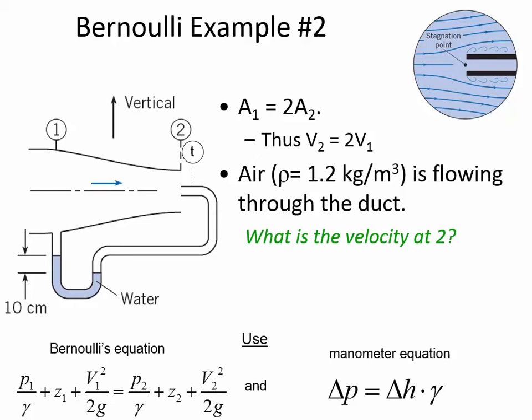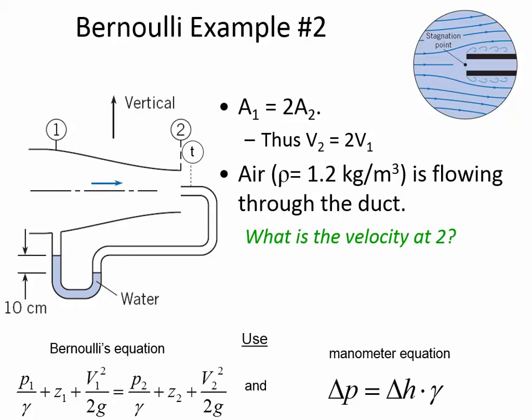All right, so one last hint. What we're saying basically is that the pressure head, P1 divided by gamma, plus Z1 plus V1 squared divided by 2g is equal to the pressure head at 2 plus the elevation at 2 plus V2 squared divided by 2g.